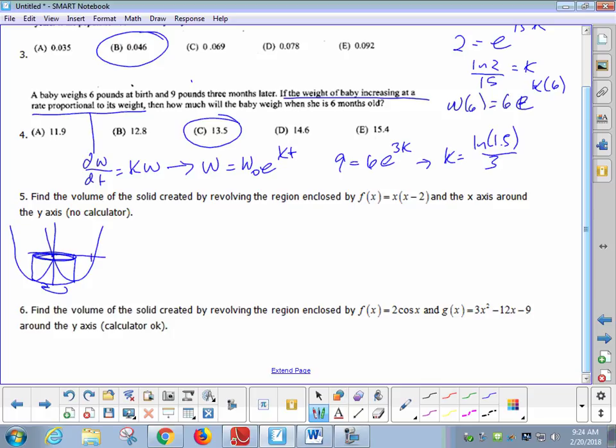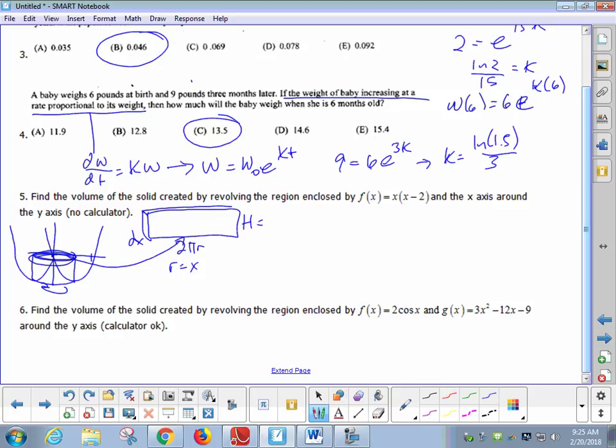Disc, washer, or shell? Shell. Cylindrical shells, when they're unwrapped, are the circumference for the top edge or bottom edge, the height for that edge, and the thickness in this case is dx. The r, what's r here? X. Height, be careful.